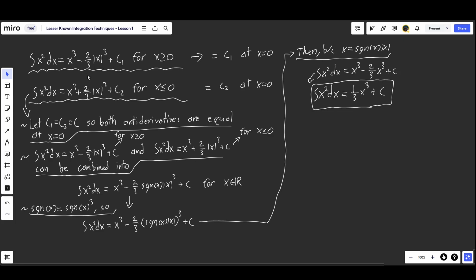If we set them equal to each other at x equals 0, we can see that that necessitates c1 to equal c2.